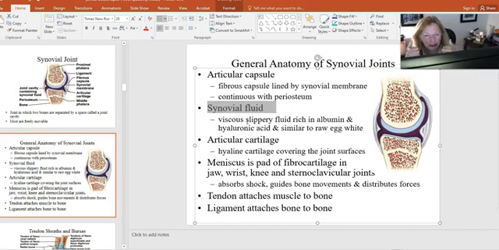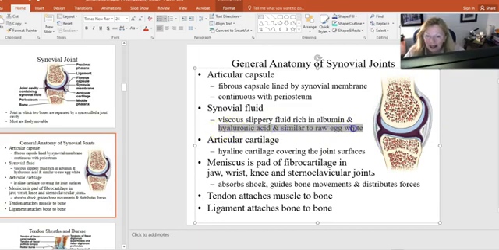It should look clear and colorless, and it has the feel of maybe a raw egg white, sort of slippery and lubricating. But it is very rich in proteins that help with healing, and hyaluronic acid, which is also protective.